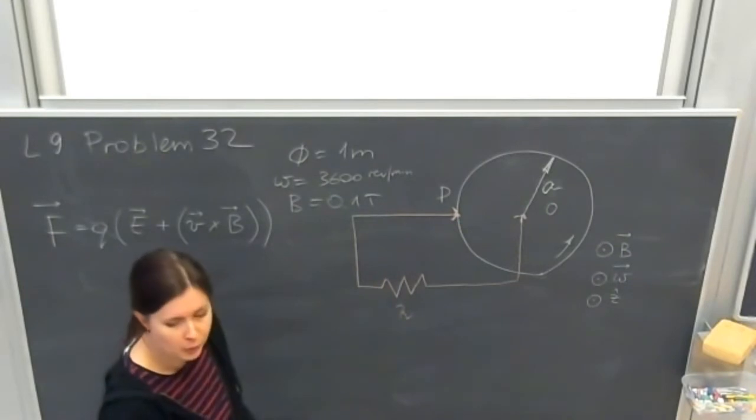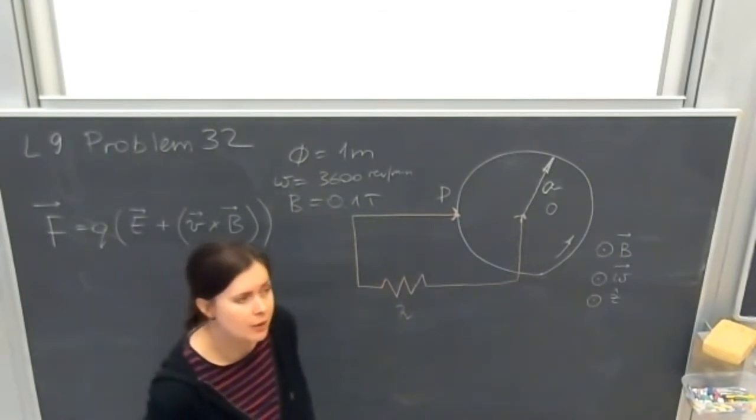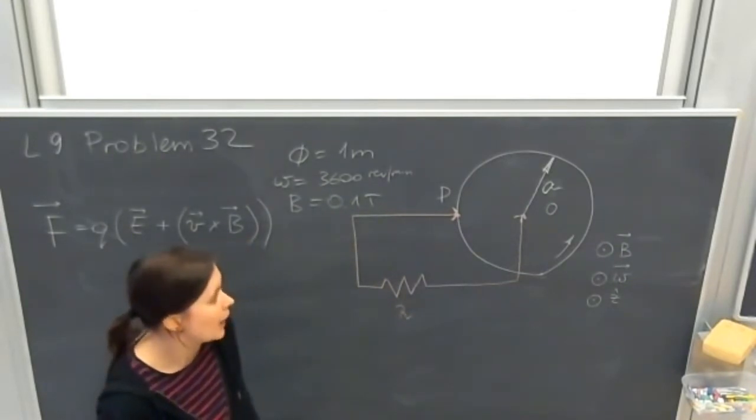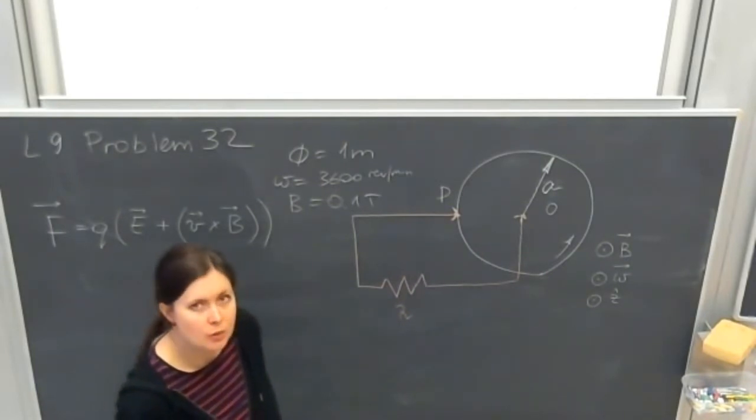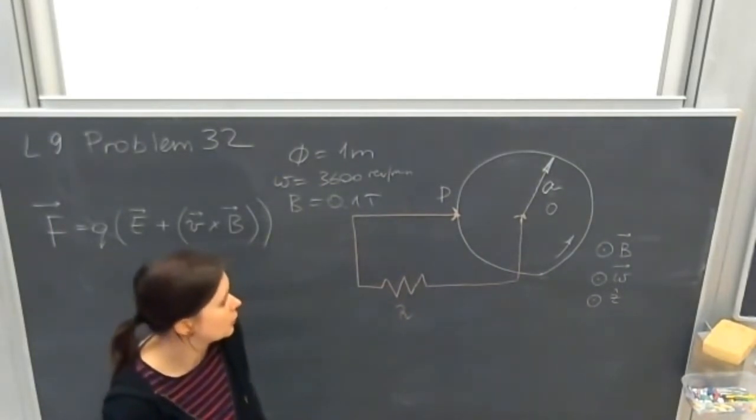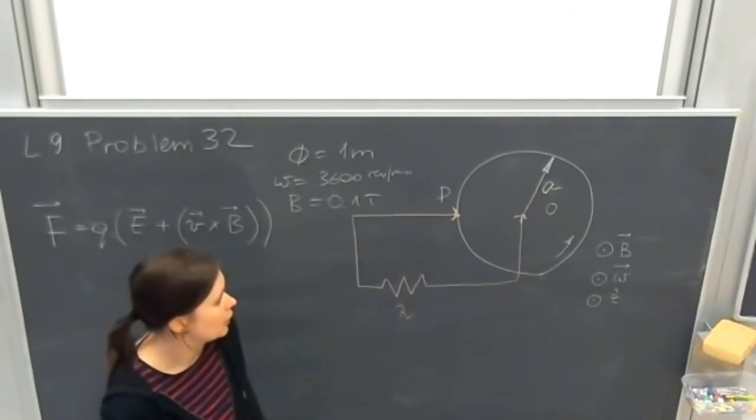These homopolar generators typically produce high currents with small voltages, which can be used in welding or in some specific situations.